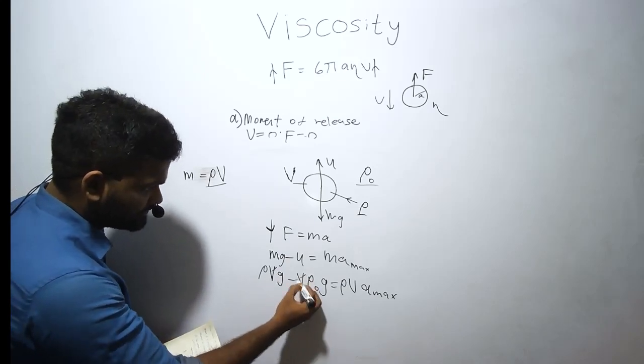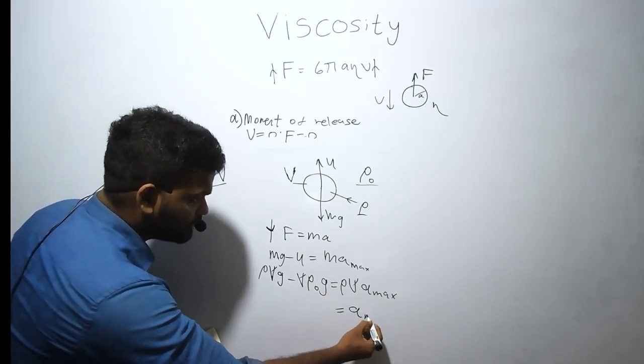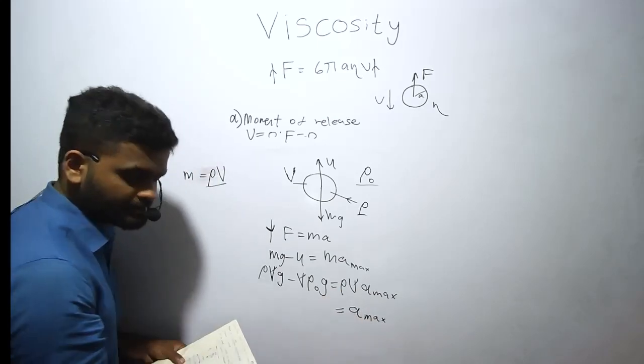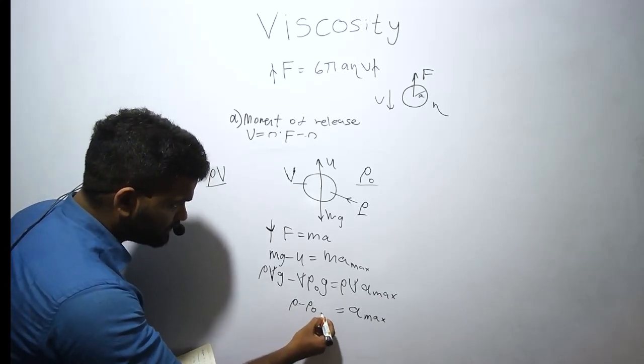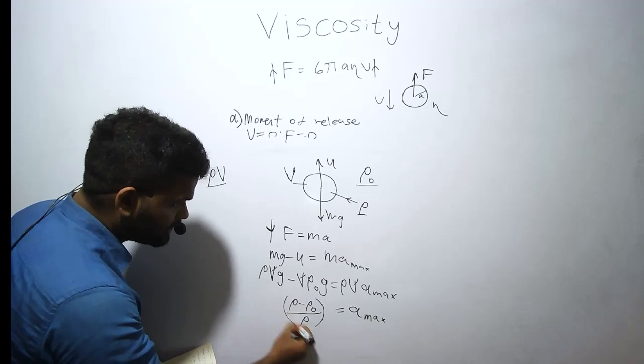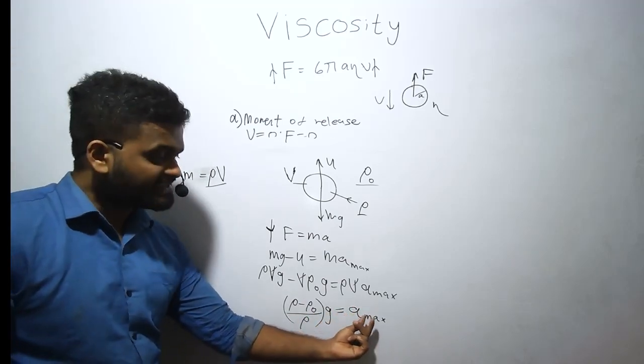Then this V cancels off. You can divide by V. So I'm going to derive an expression for a max, the maximum acceleration. You get rho minus rho naught divided by rho times g. So this is an expression for maximum acceleration.